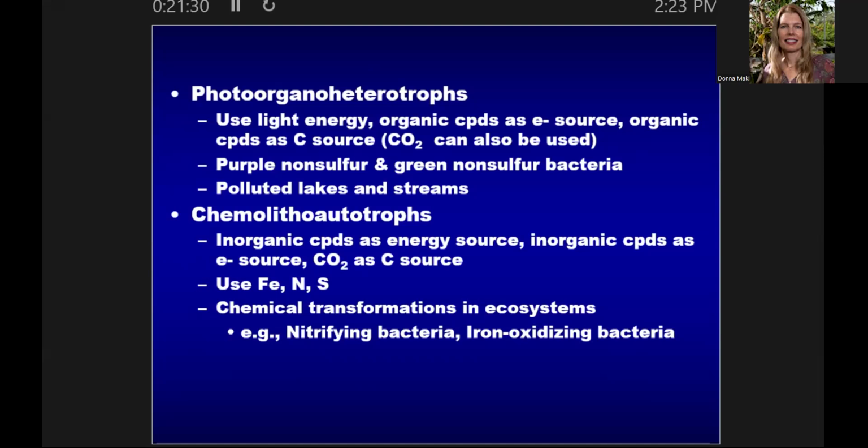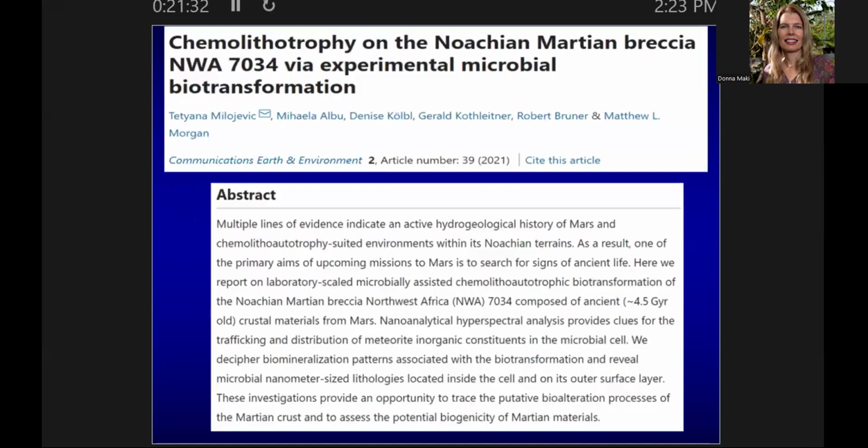And then I put on some slides here just in case you're interested about life on Mars or other planets. They're really looking into this. This is a paper that was published a couple of years ago, and they were proving here on Earth from rocks they collected from Mars that microbes can grow on those rocks. So this was some early evidence showing that Mars does have the habitat that could sustain microbial life.